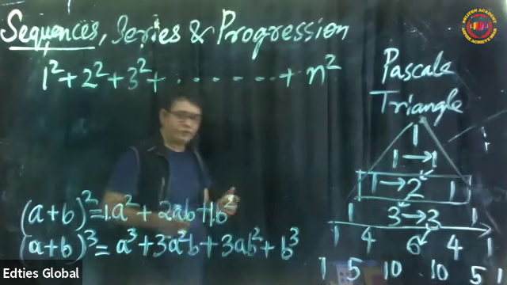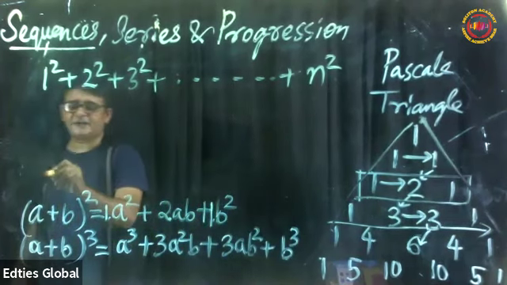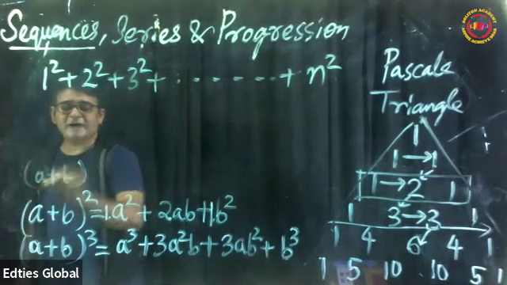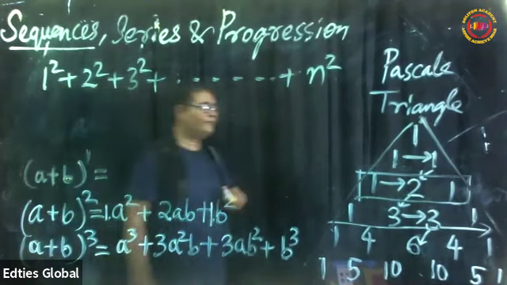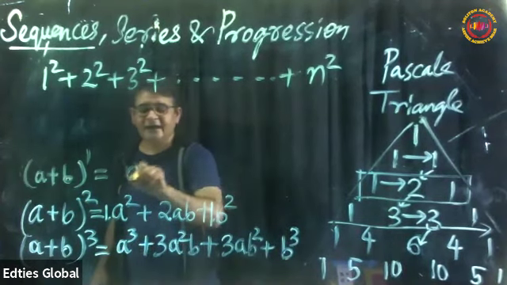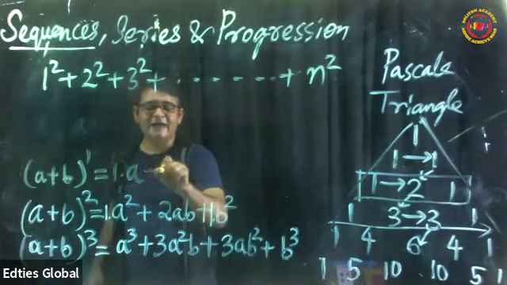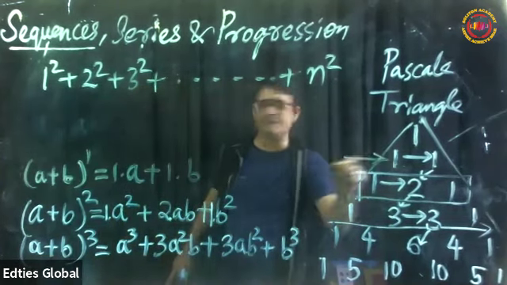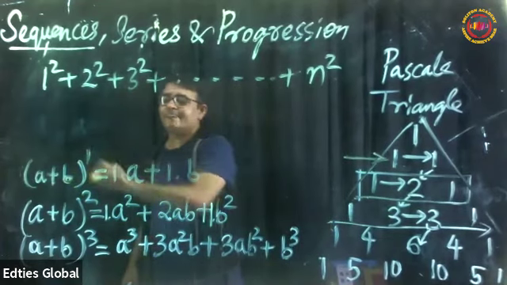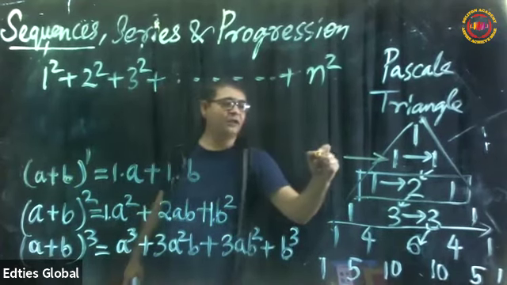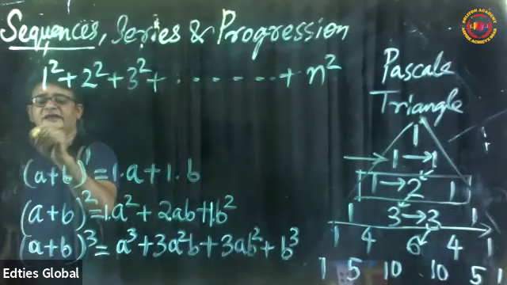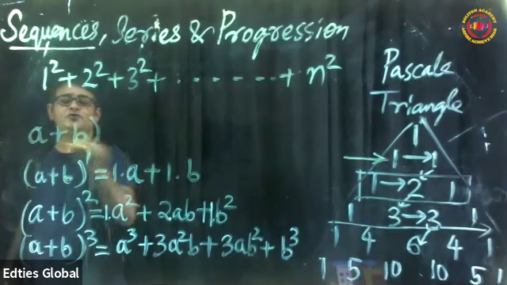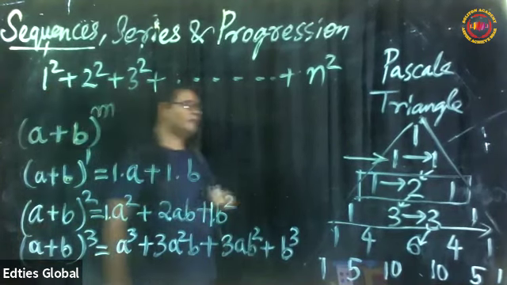Yes, sir. Suppose you have a binomial expression a plus b to the power 1. What will it be? 1 into a plus 1 into b. So this is the expansion. For any general term, I have a plus b and I want to raise it to power m.